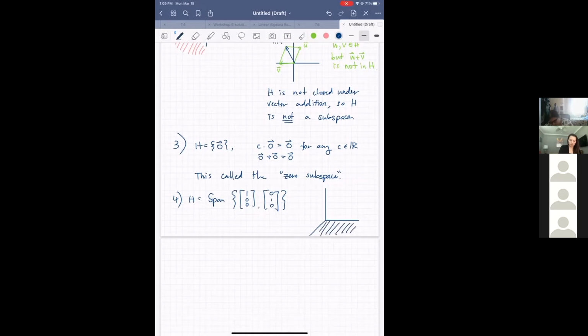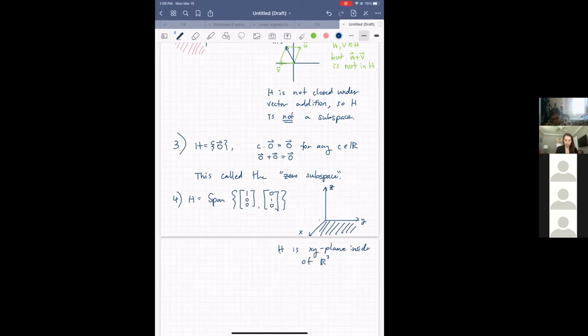So if we use coordinates x, y, z, it'll be the xy plane inside of R3. That's what this span describes.